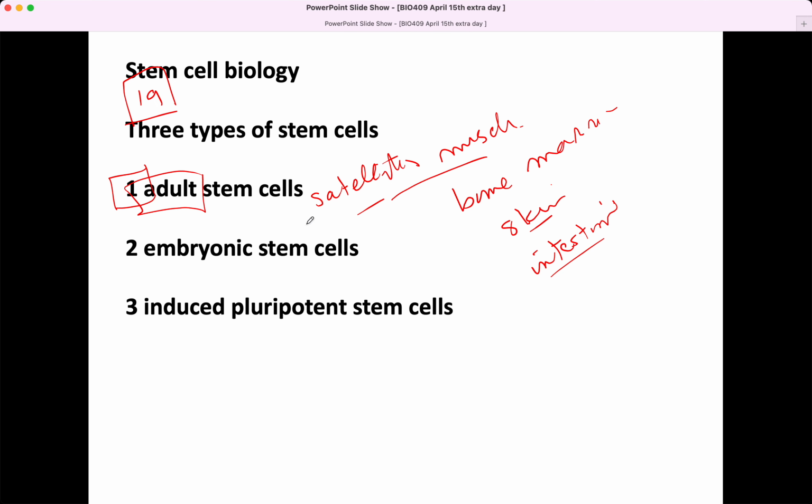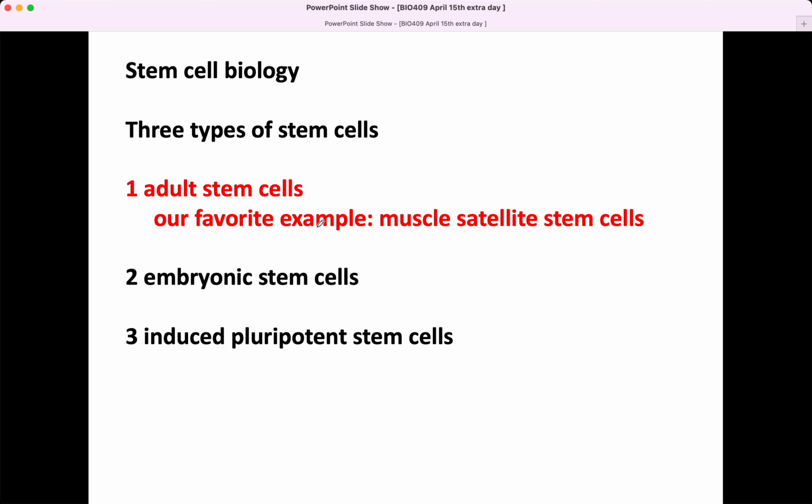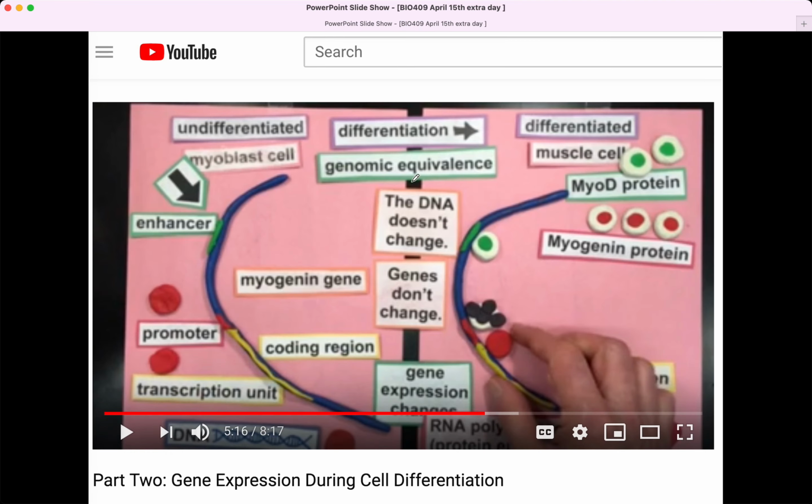And we'll just talk about them and our favorite example. And so it goes back to these videos and the description of how the satellite stem cells could differentiate into muscles, and we could make any precursor cells differentiate into muscle if we misexpress MyoD in those cells, but we can't get a differentiated cell to differentiate into muscles.